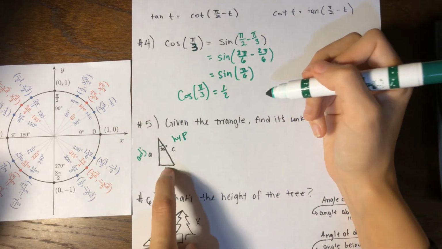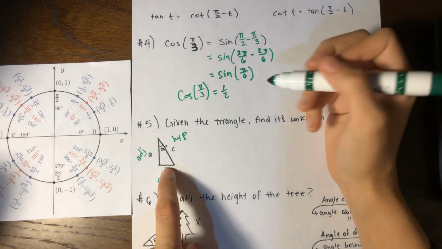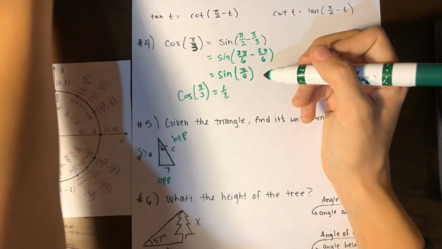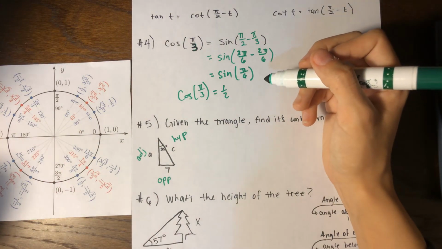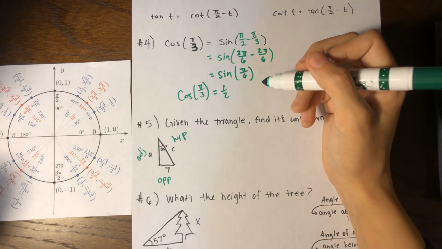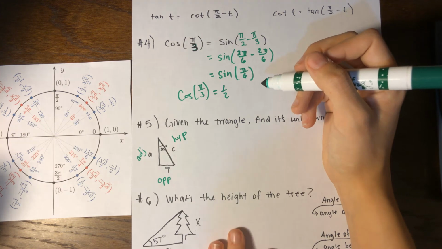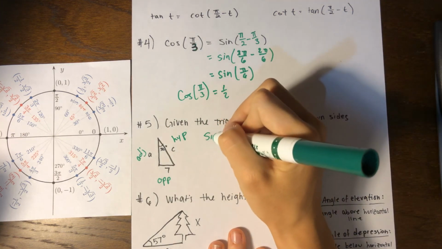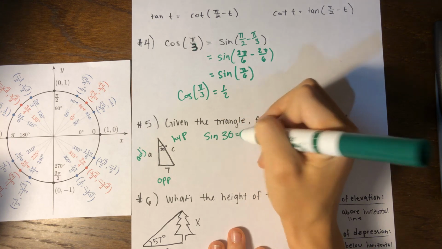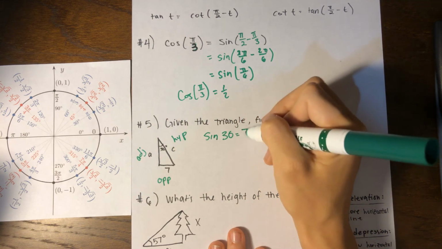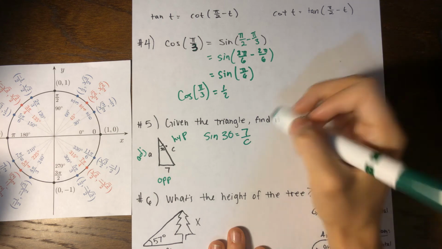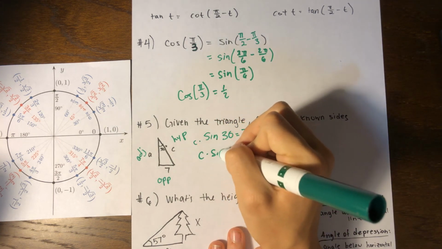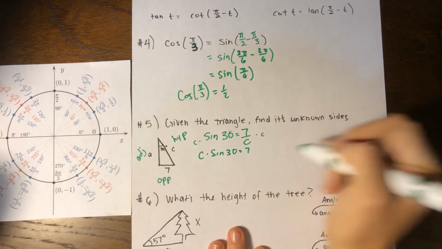If I have the opposite, what can I solve for? I could solve for sine, right? Or I could solve for tangent, whichever one you guys want to do first. So let's do sine. So we have sine of 30 degrees is equal to opposite over hypotenuse, so 7 over c. If I multiply by c on both sides, I get c times sine of 30 equals 7.